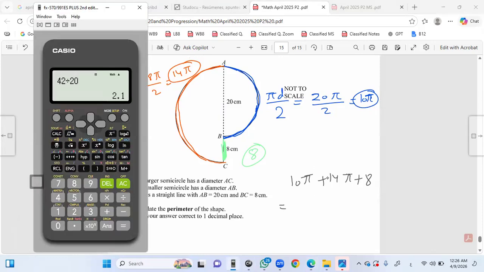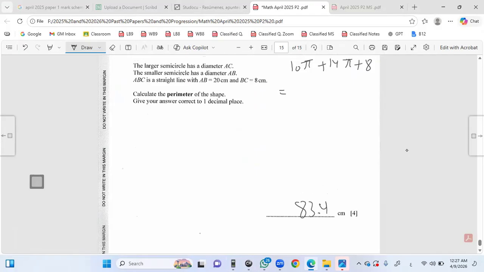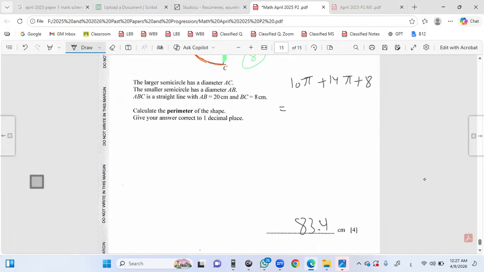Get your calculator. 10 pi plus 14 pi gives you exactly 24 pi, or you can just write them as they are on the calculator. Plus 8 equals 83.39. They said to round to one decimal place, so 83.4. 83.4 centimeters is the perimeter of the shape.